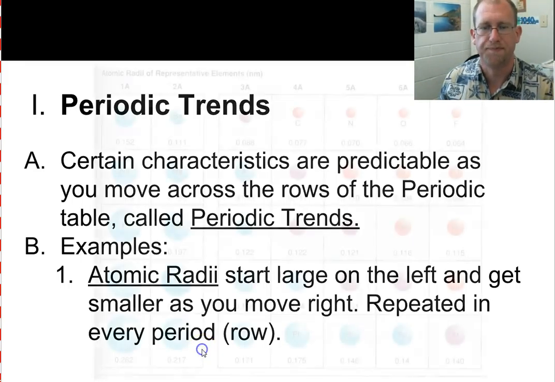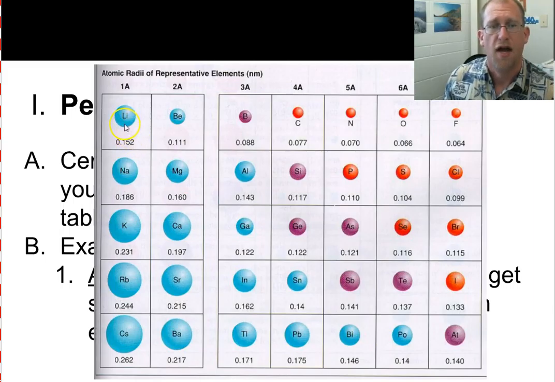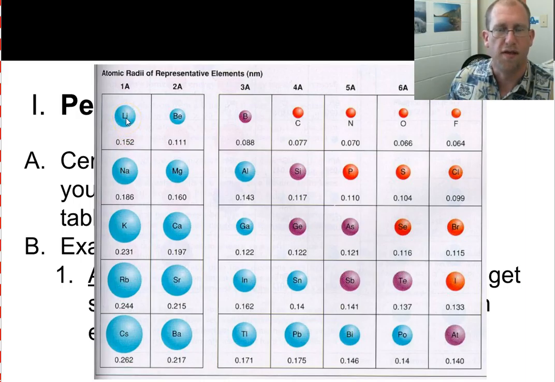Let me show you a picture. Here we have row 1, lithium, down to fluorine. And you can see the diameter here in nanometers. These are very small. 0.152 nanometers for lithium, 0.064 nanometers for fluorine. But fluorine has 7 electrons, and lithium only has 3.